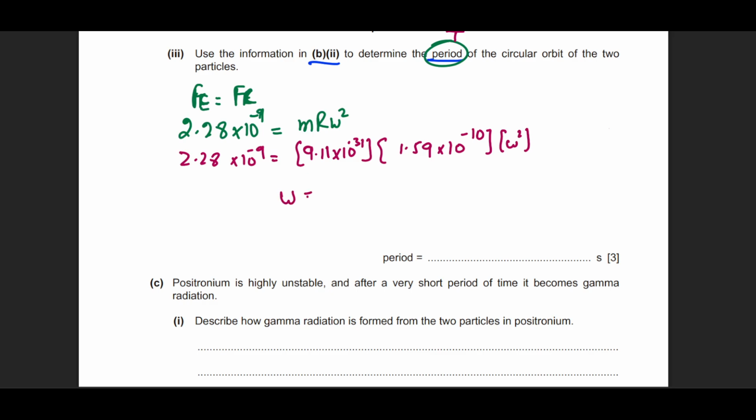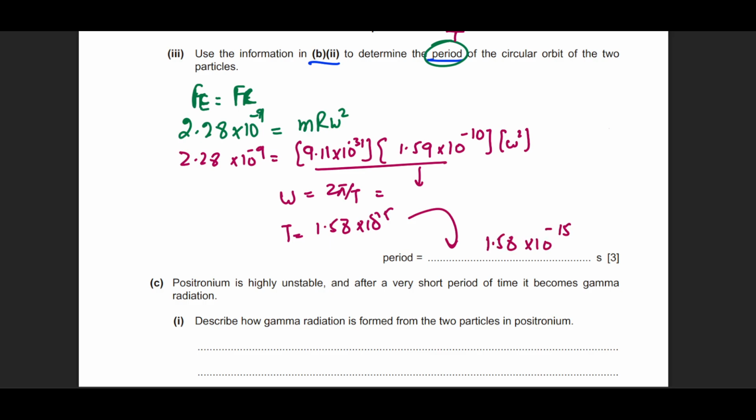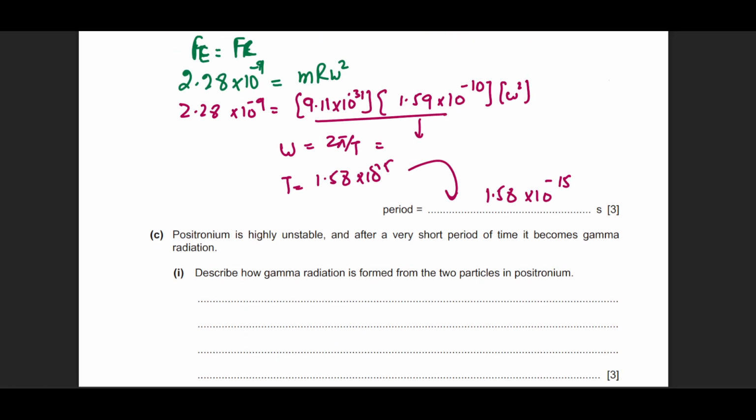Then ω comes out as a certain value, and if you use 2π/T and find out the full answer, the value of T is going to come out as 1.58 × 10^-15. All right, so we've done that successfully as well. This will be 1.58 × 10^-15 seconds. That is how quickly they're rotating, by the way.